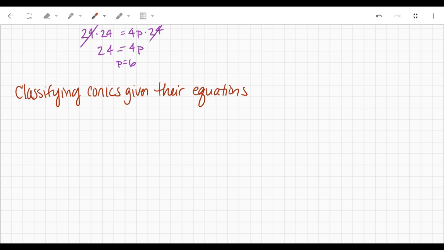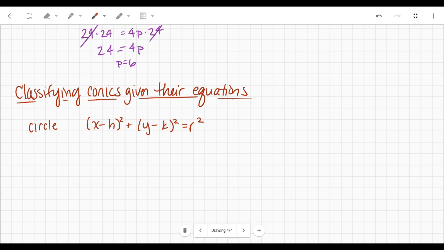So let's briefly go over the conics that we have so far, or all of the conics, because we've done them all. If it is a circle, it will be x minus h squared plus y minus k squared equals r squared. We know that the center would be at h, k and the radius r.